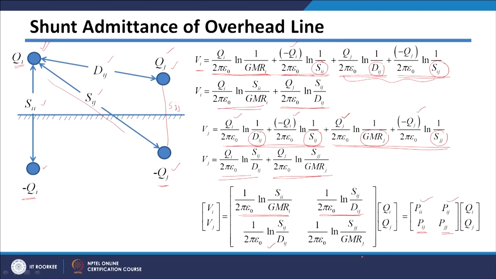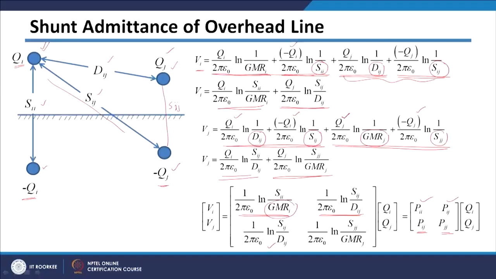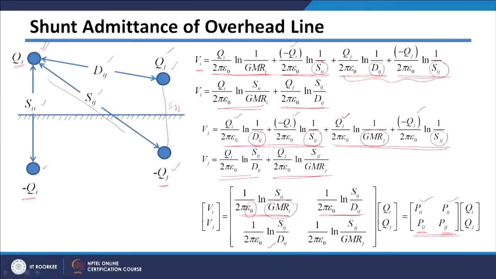These P coefficients are called the potential coefficients of the system, and it is easy to get them because they just depend upon the distance between the conductors, the GMRs of the conductors, and the permittivity of air, or you can say free space, epsilon 0, because the permittivity of air and free space are almost equal. In that case we will get this matrix, which is called the potential coefficient matrix.